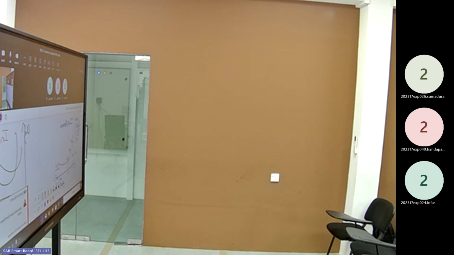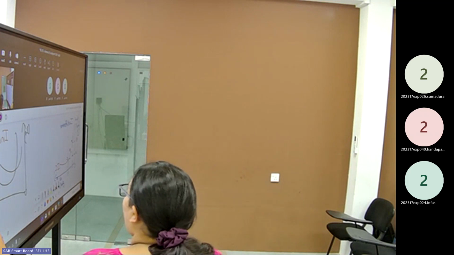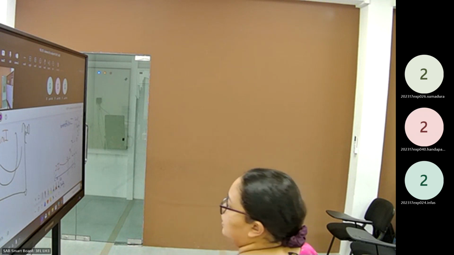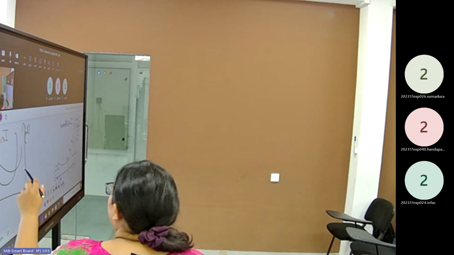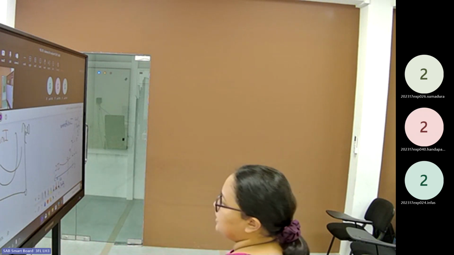Write down: two indifference curves should not cross over each other or intersect each other.